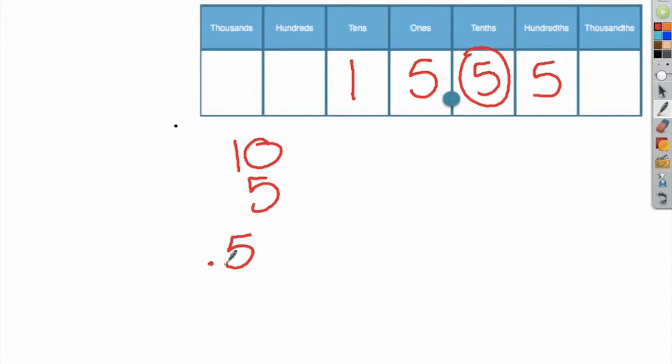How much is that worth? 5 hundredths. Because it takes 100 pennies to make up a whole dollar, right? And it takes 10 dimes to make up a whole dollar. So today we're going to talk about the value of each number, how much each number is worth.